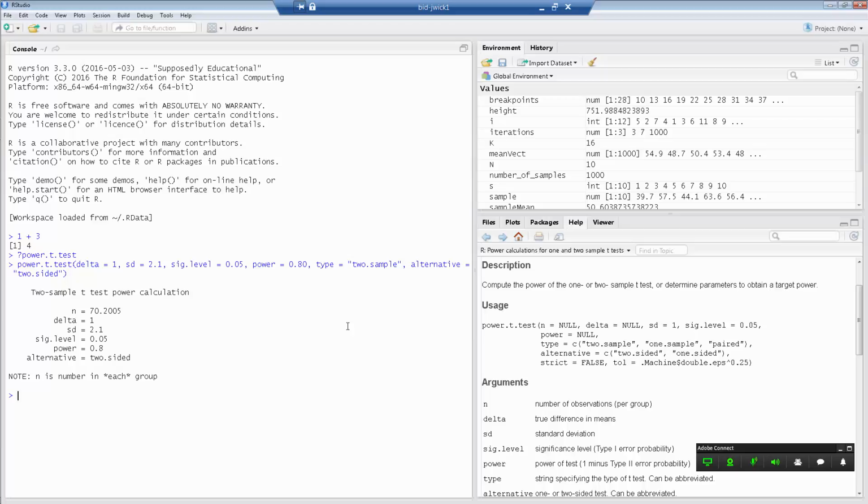And it gives me a note: N, the sample size it's calculated, is the number required in each group. So I have an N of 70.2 or 71 subjects required in both groups in order to have power to detect a difference between treatment A and placebo. The key here is 71 subjects per group.